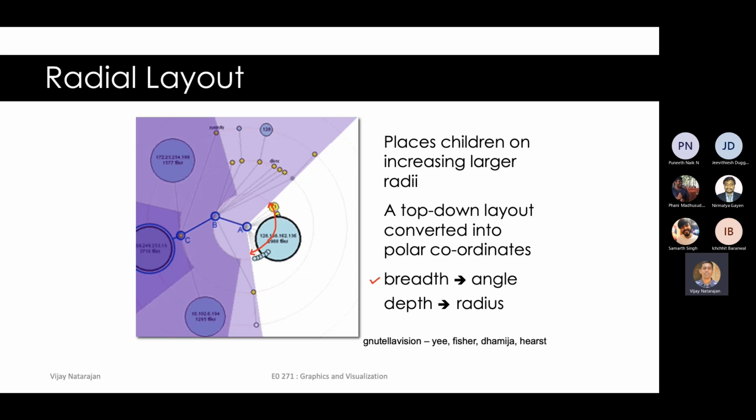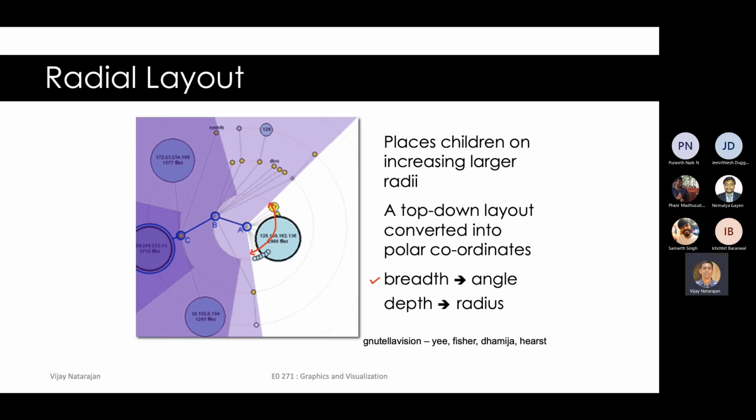Okay, that's the idea. So you can position the children of A along this circle that I have indicated here, and each child gets a sector. So hence breadth is mapped to angle.